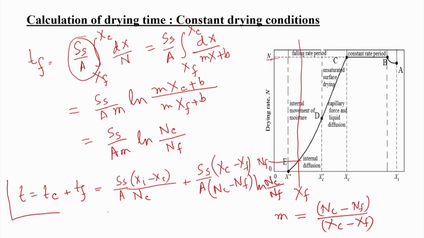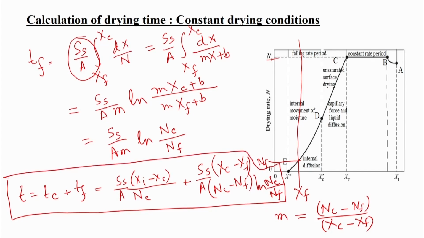This is the total drying time when the falling rate is linear, so the total drying time will be S s by A into x i minus x c by n c plus S s by A into x c minus x f by n c minus n f into ln n c by n f. Okay.